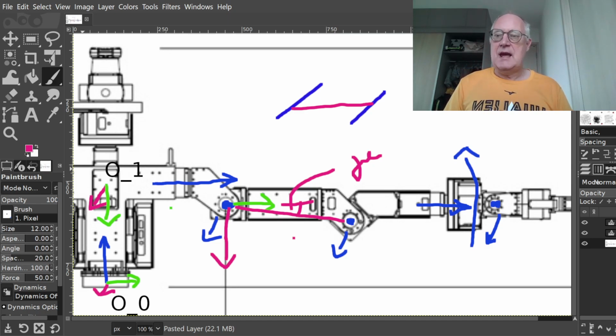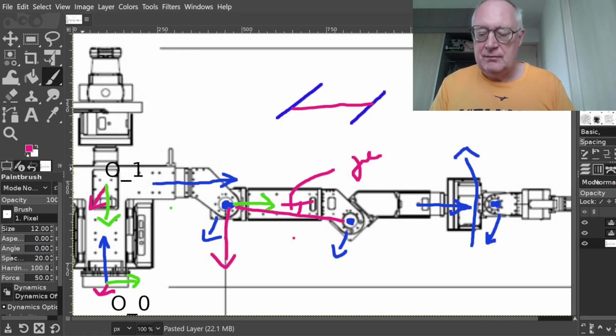And that angle is going to be gamma. That angle is going to be math.atan2 of delta x.